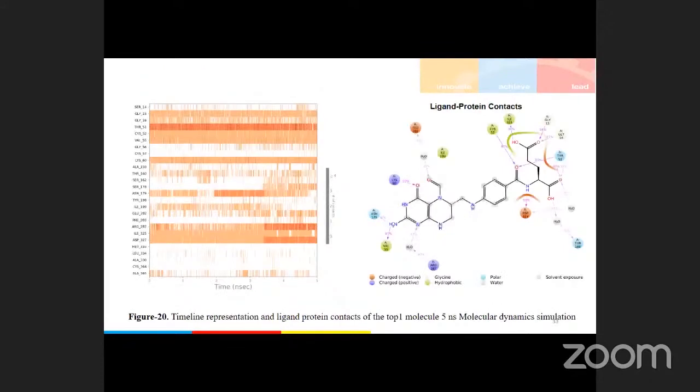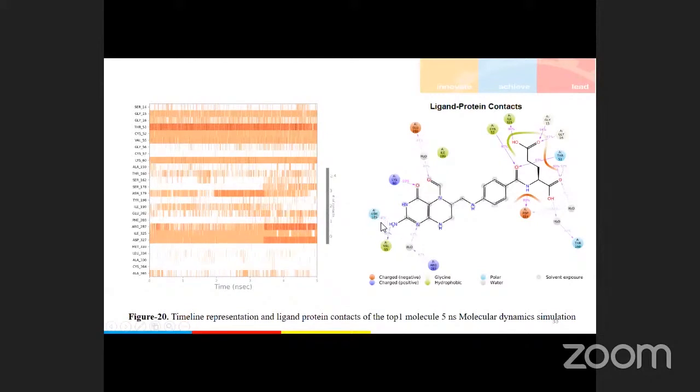So these are the timeline representation as well as the ligand protein contacts. See this, this is the ligand protein contacts. The blue color indicates water bridges.